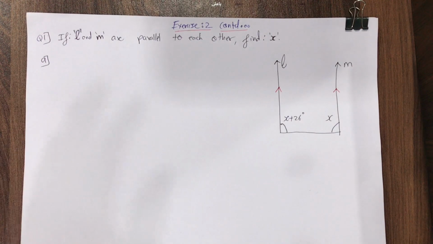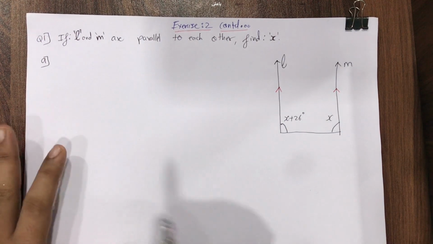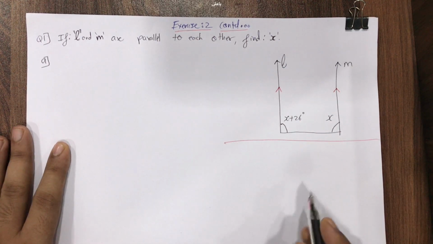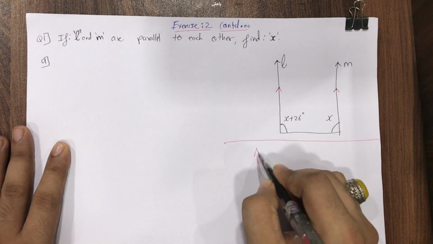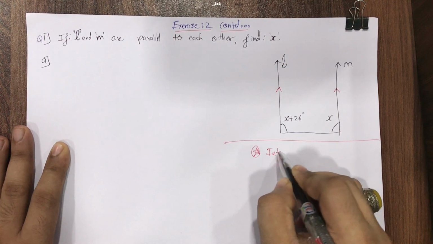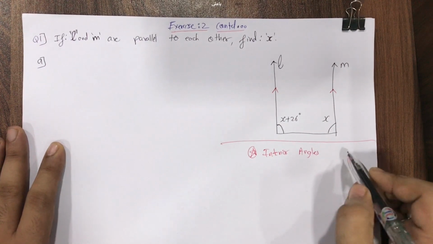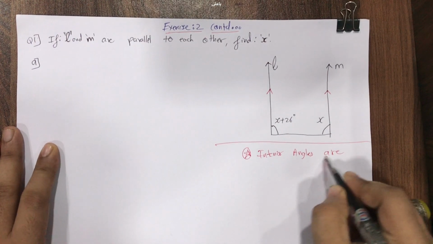Now once again, for every question I would be repeating the theorems. We did one theorem in our previous sessions. That theorem I'm writing here with the red pen. I taught you all one theorem in my part 5, that interior angles are supplementary.